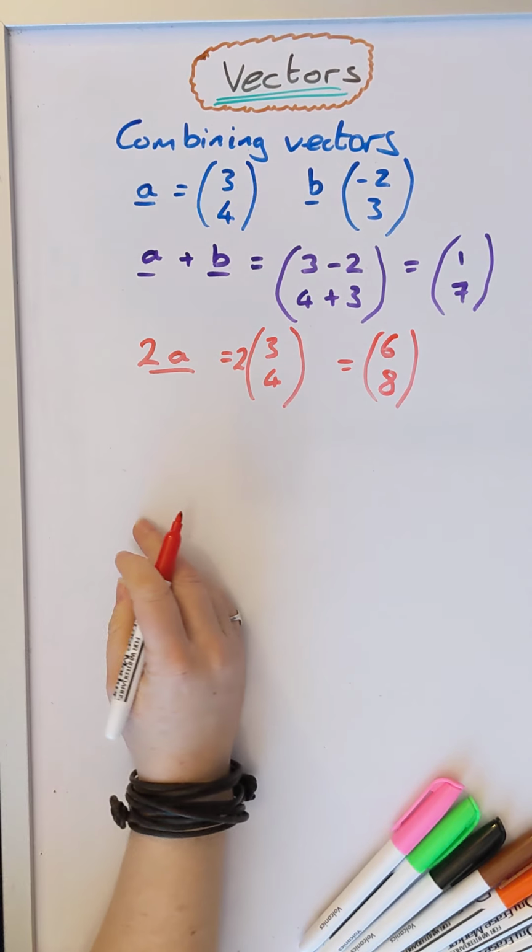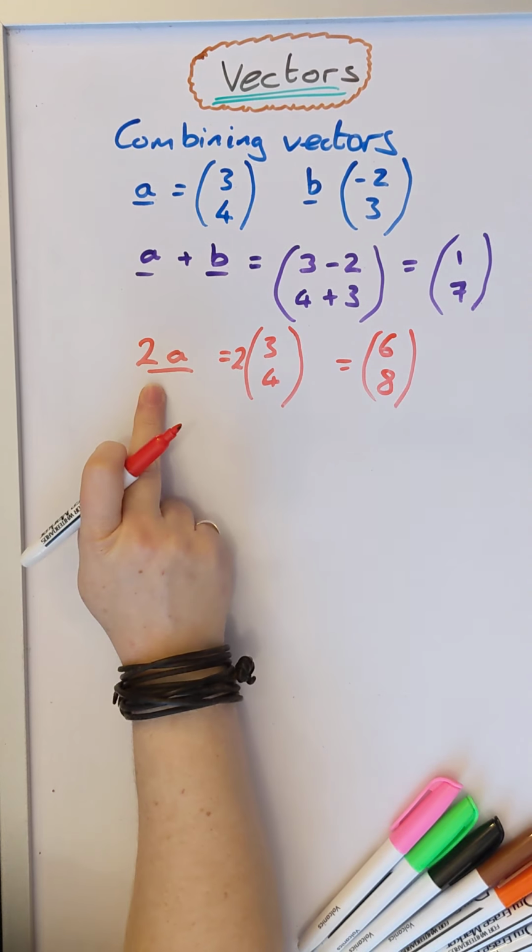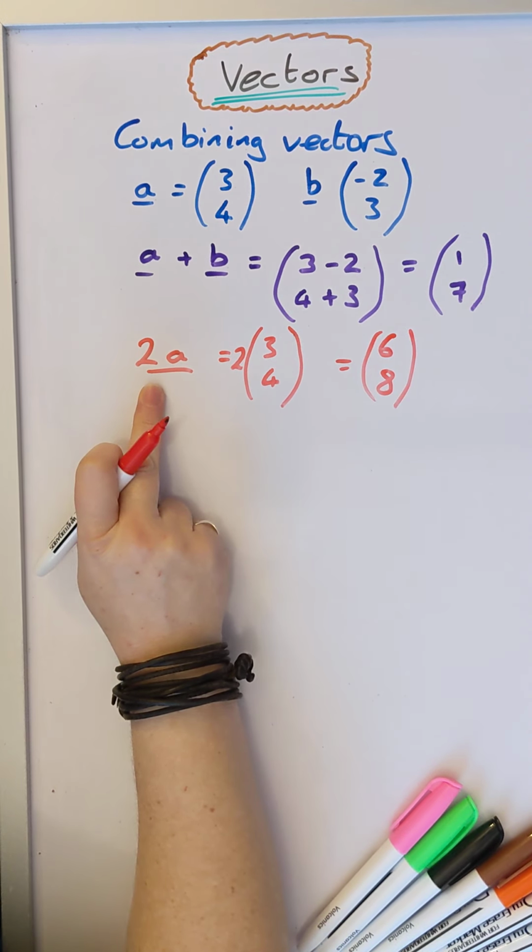Now we never say that we're dividing when we deal with a vector. What we do say is that we're multiplying by a fraction.